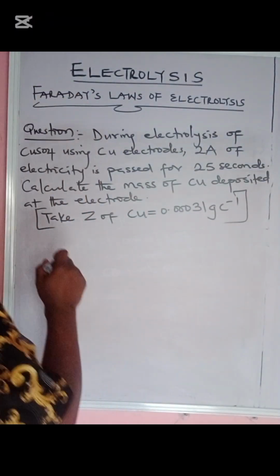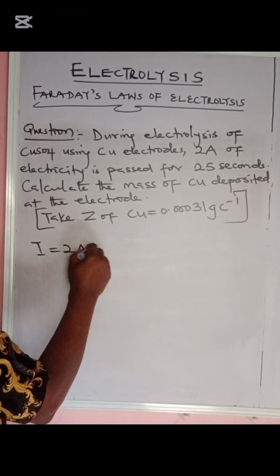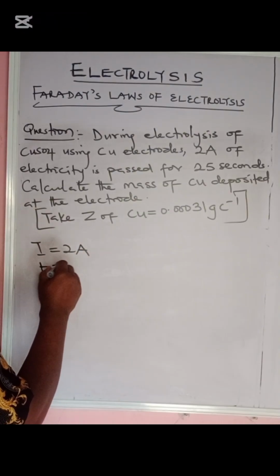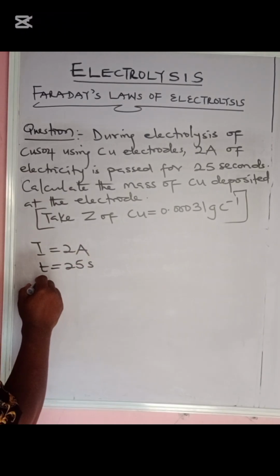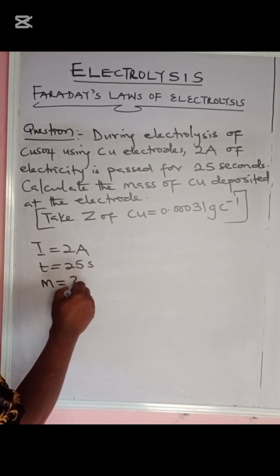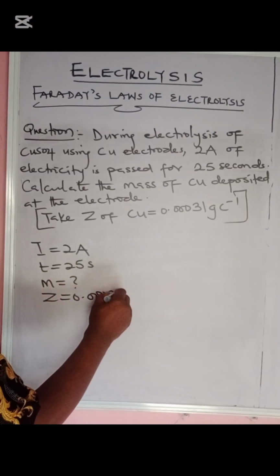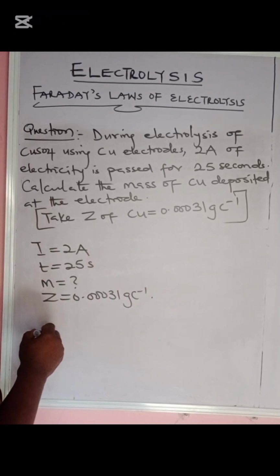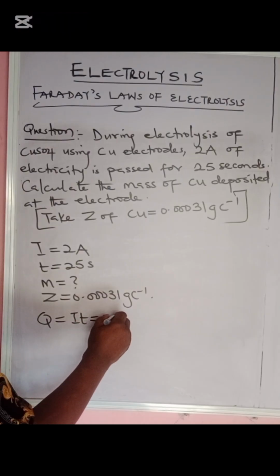So from this question, we are given I equals 2 ampere, time equals 25 seconds. We have to find m, and Z is given to be 0.00031 gram per coulomb. So let's calculate Q first. Q is equal to IT, which is 2 times 25.